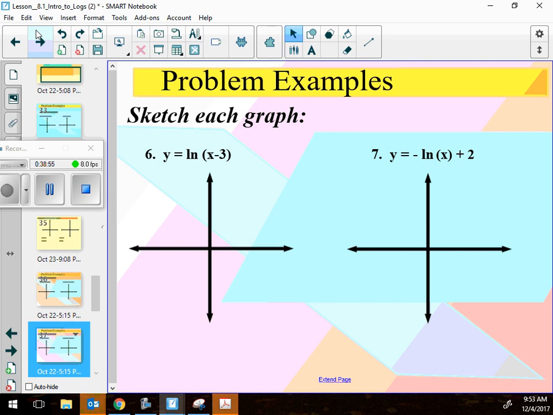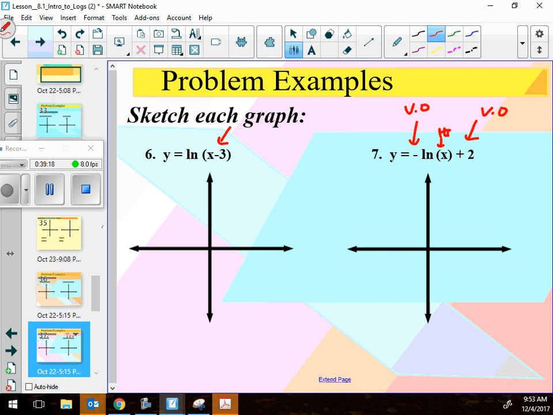This would be right 3. This would be up 2, and then what does a negative do again? A flip, also known as a reflection. That's on the outside. Do you remember it's high-low, right? Horizontal on the inside, and these things that are on the outside are vertical on the outside. So that's a vertical flip.